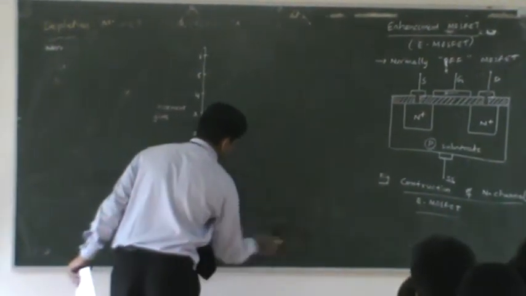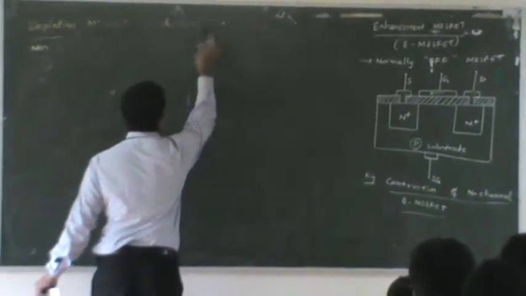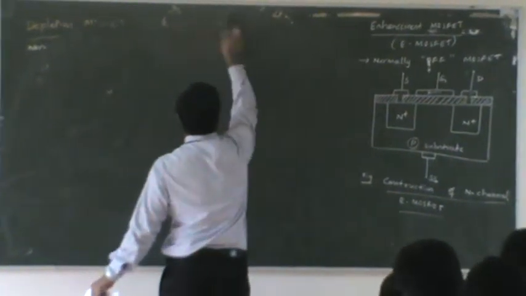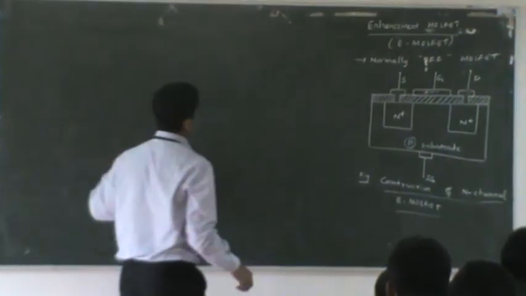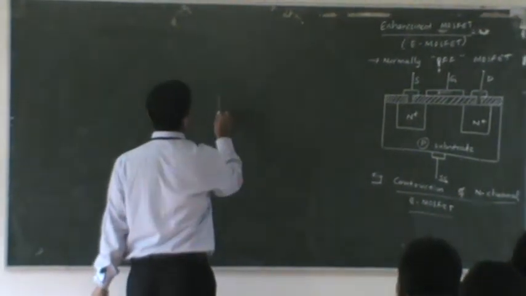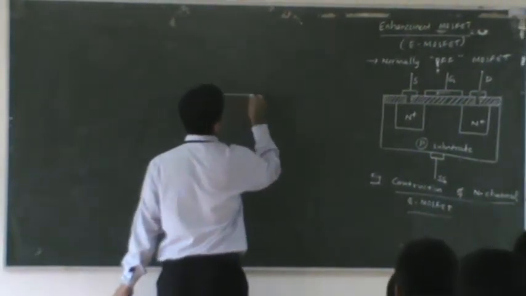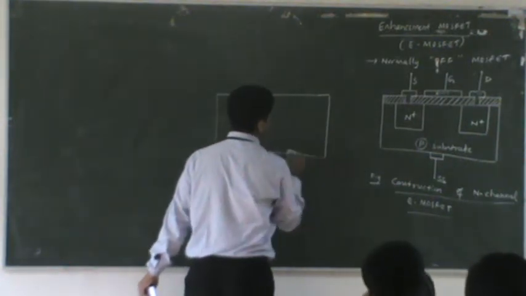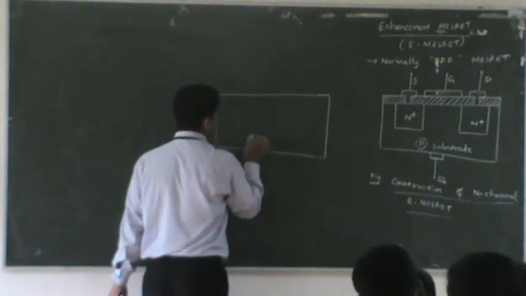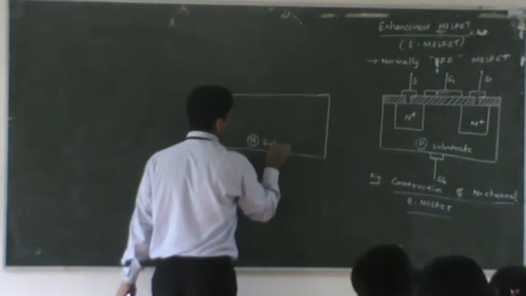We can draw similar lines for the construction of the P-channel MOSFET. Let me quickly draw the construction of the P-channel MOSFET. The P-channel MOSFET will have an N-type substrate.